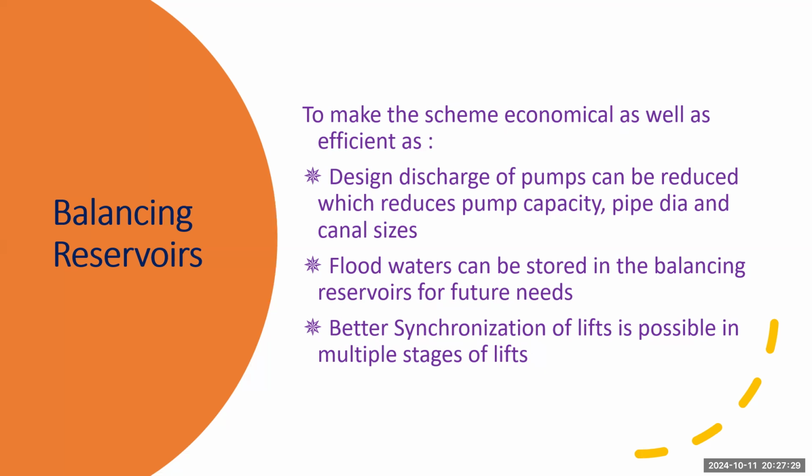From that balancing reservoir, again the water is lifted to a somewhat higher elevation, and there is another balancing reservoir. From that, the third stage starts. So these are the balancing reservoirs, which reduce the overall cost of the project. Due to the availability of such balancing reservoirs, the design discharge can be reduced so that all other things will be reduced.